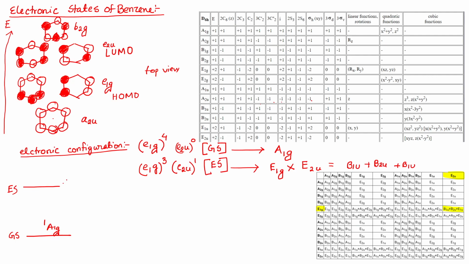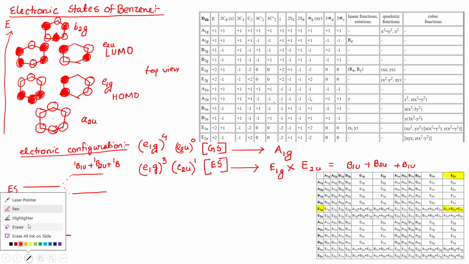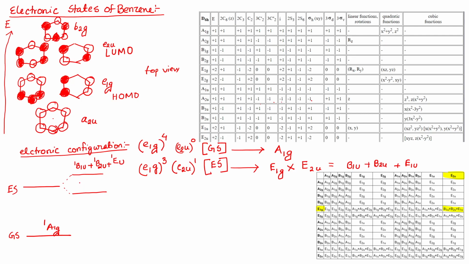It could be either singlet B1U plus triplet B2U plus triplet E. Okay, it could be either of them.